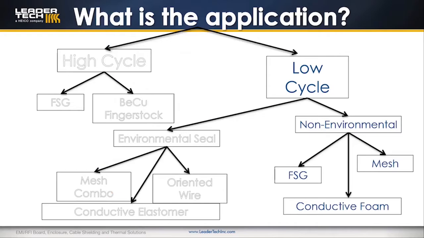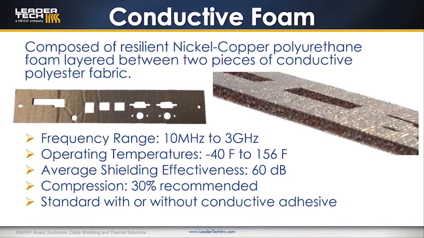Switching over to low cycle and non-environmental applications, I will focus on knitted wire mesh and conductive products for the next few slides. Our conductive foam material is composed of resilient nickel-copper polyurethane foam layered between two pieces of conductive polyester fabric. This material is manufactured in sheets, and we can further die cut and laser cut the material to meet the needs of your application.